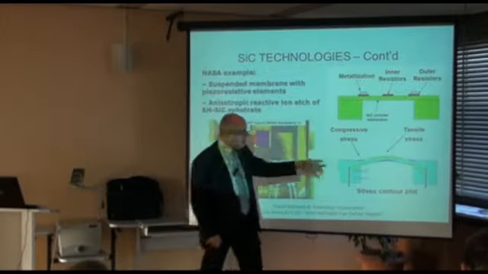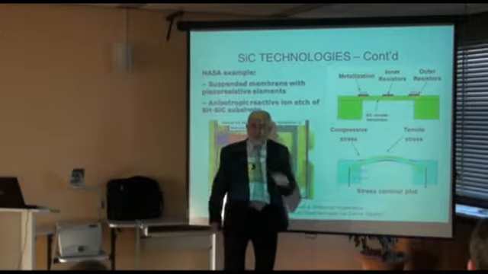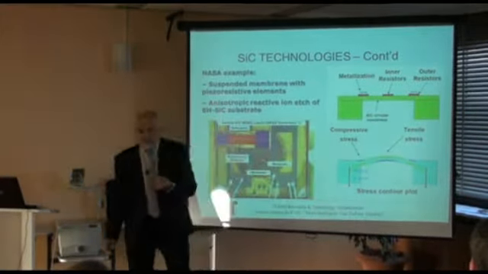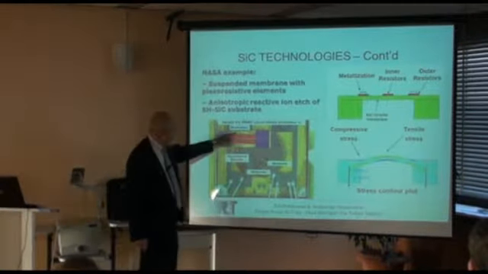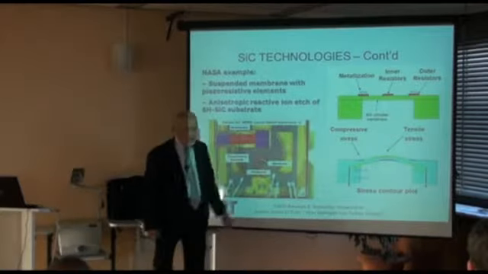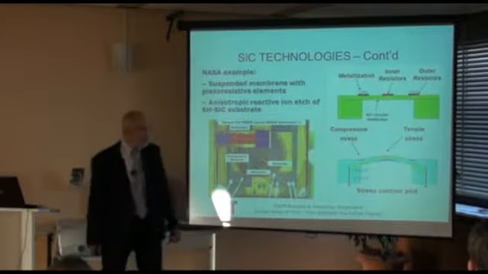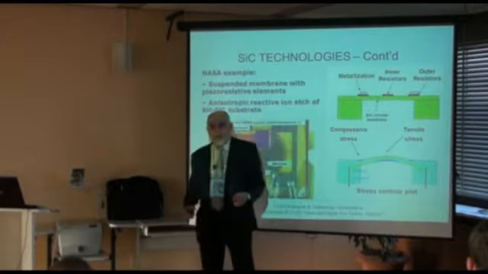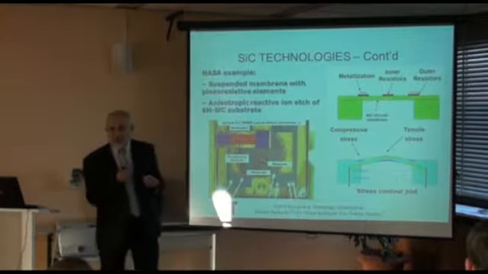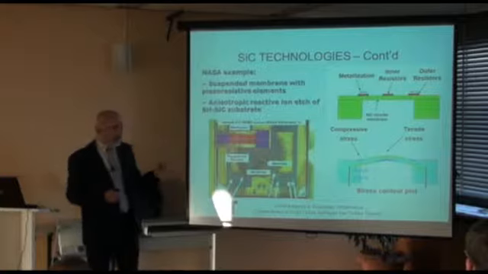On this silicon carbide, they have the strain gauges. Strain gauges located in specific locations where the stress, or the strain, would be maximum, right? And with that, they could measure pressure at very high temperature.